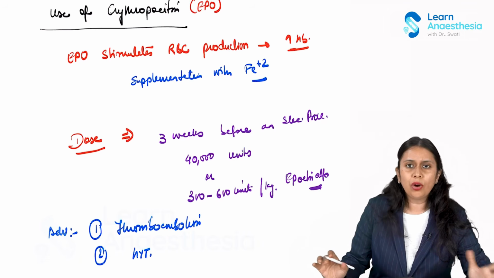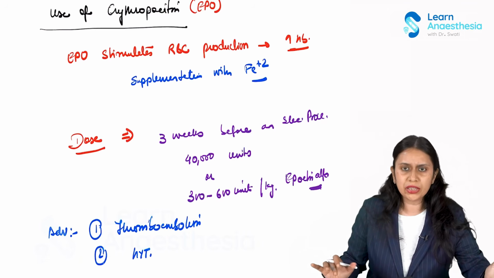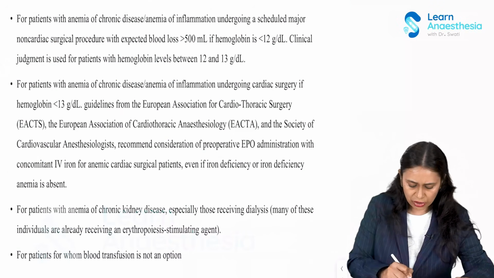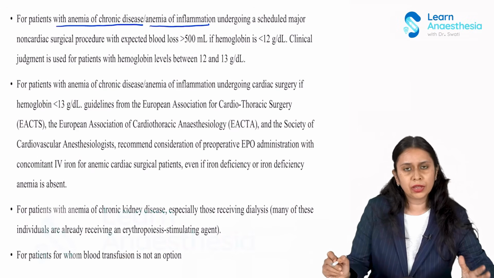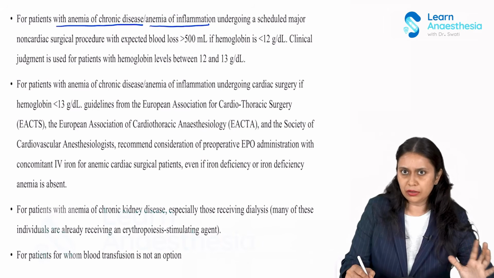Okay. Now, where is erythropoietin indicated? So for a patient with anemia of chronic disease or anemia of inflammation, their bone marrow may be suppressed and erythropoietin may be very helpful.